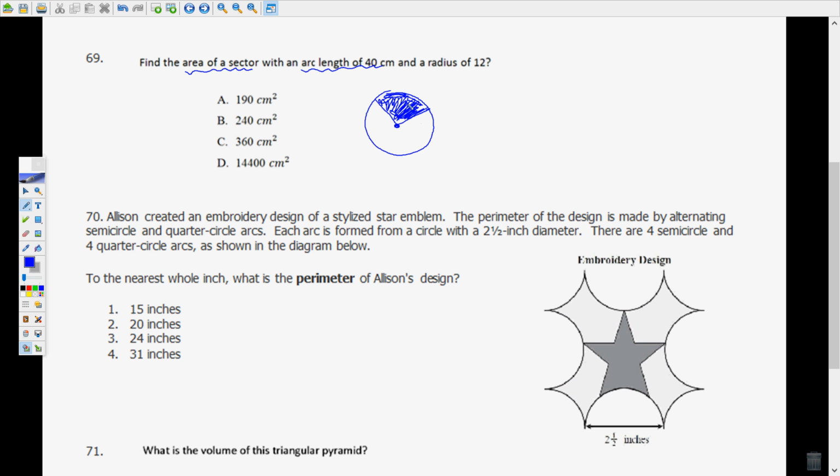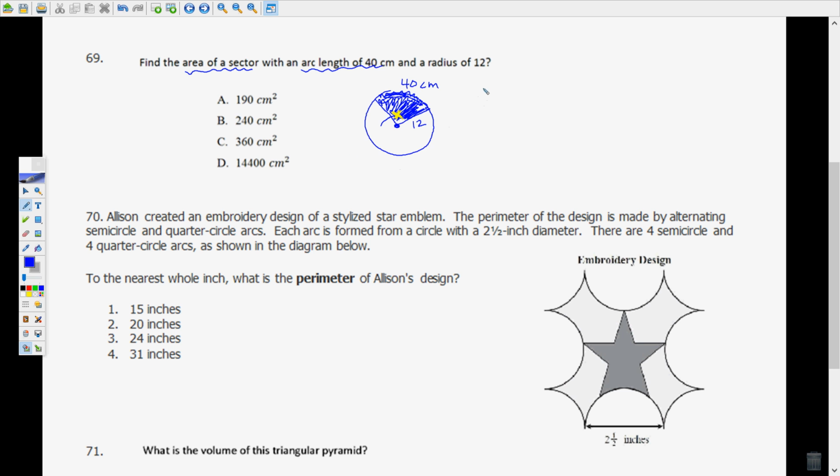The length of this arc out here is 40 centimeters. If you were to measure that with a string, it would be 40 centimeters. We have the radius of 12, and we need to find this angle measure in here. We'll call it X.